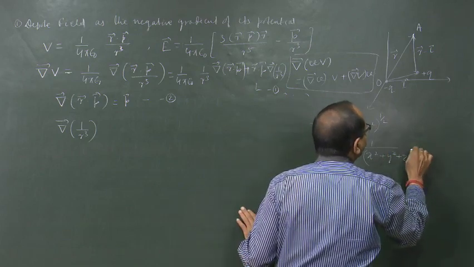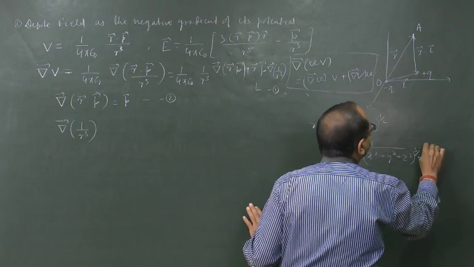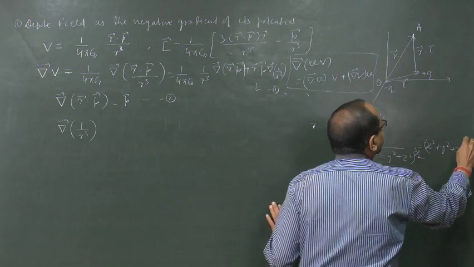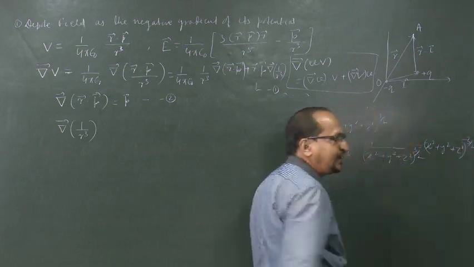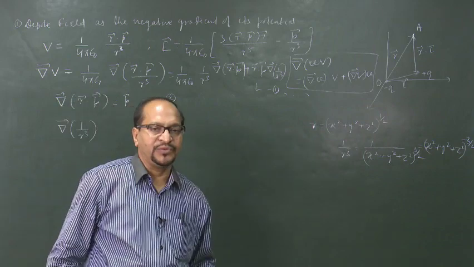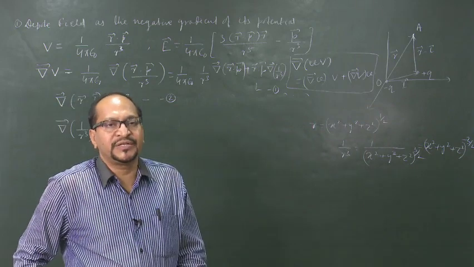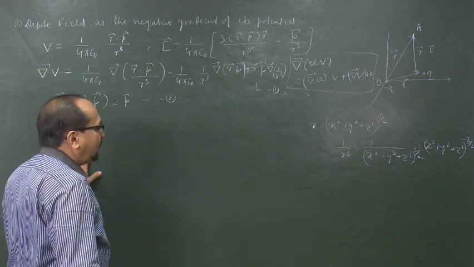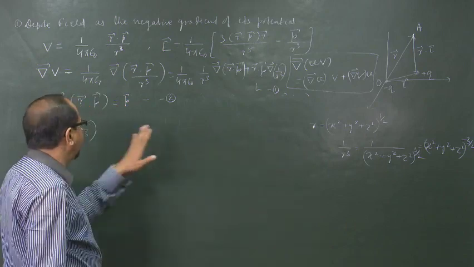So, it is equal to the power 3 by 2, that is equal to x square plus y square plus z square to the power minus 3 by 2. So, this is our 1 by r cube, it is x square plus y square plus z square to the power minus 3 by 2. Okay. Now, we have to put this value here.